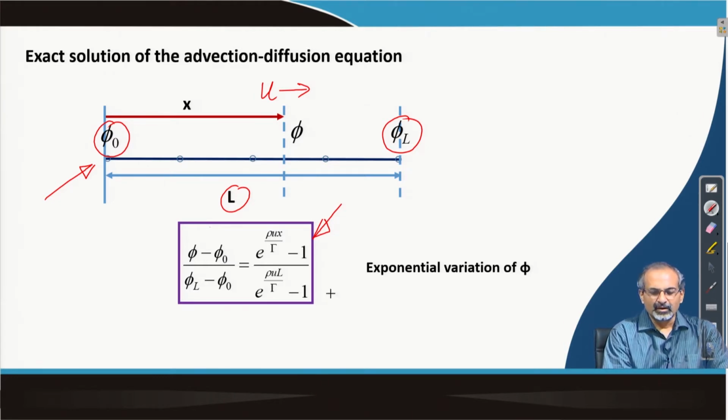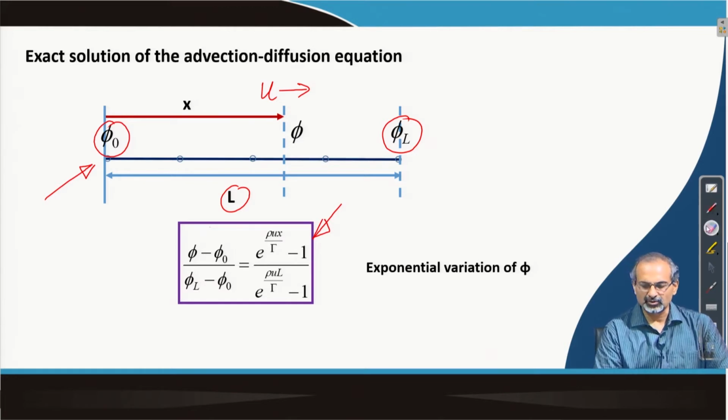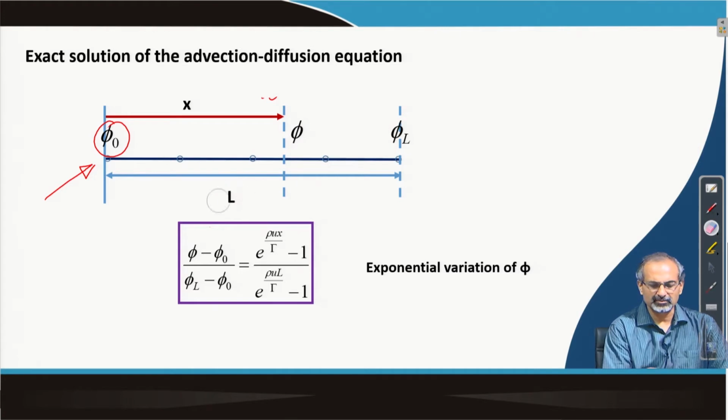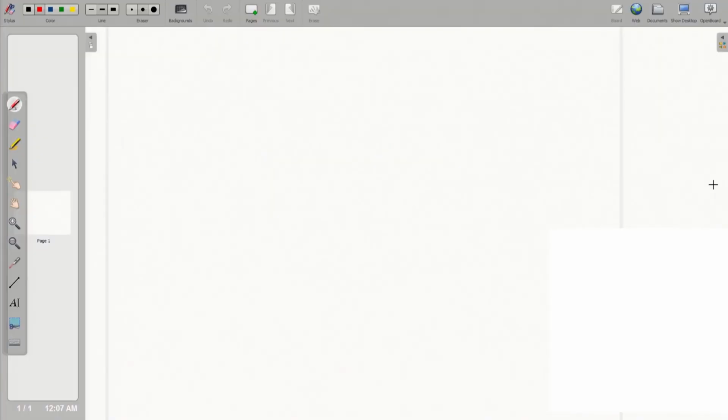Now, you could of course attempt to solve it yourself as a homework problem, for which we will just discuss one or two small steps that could help you in solving this problem at your spare time. When you attempt to solve this problem, let us write down the transport equation once more here.